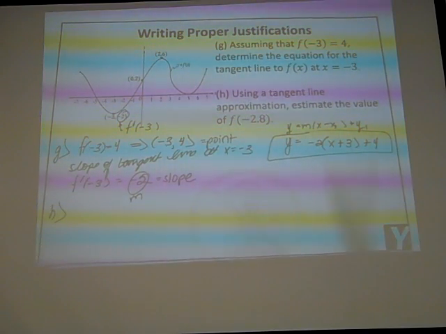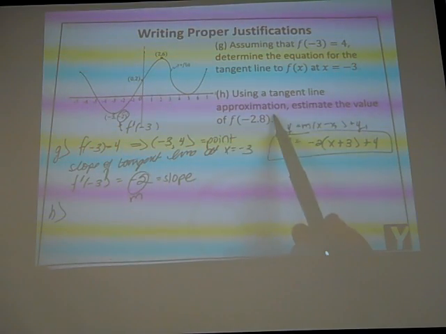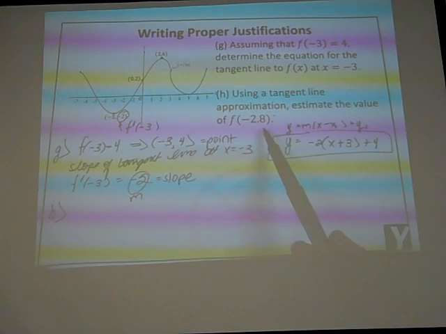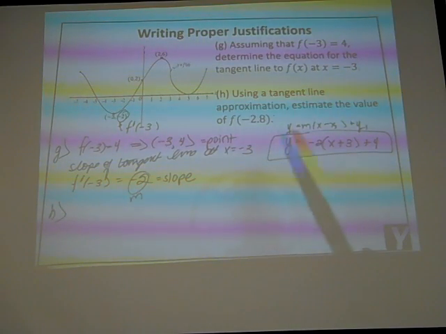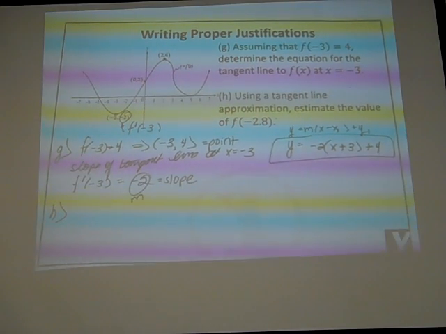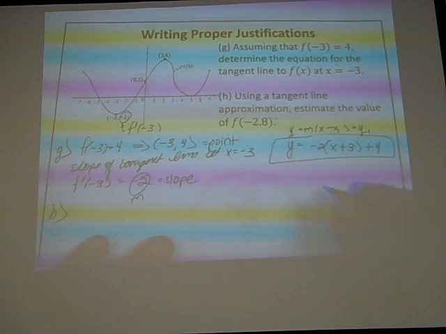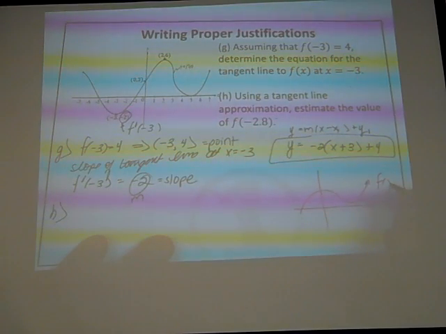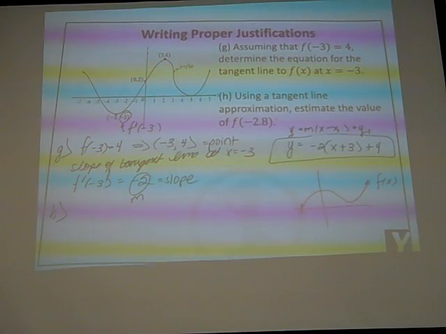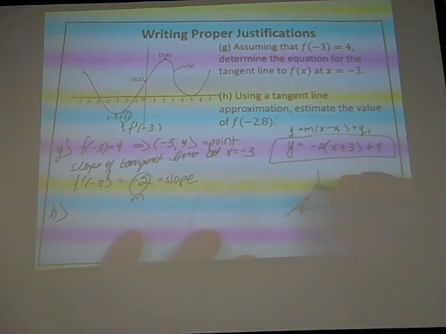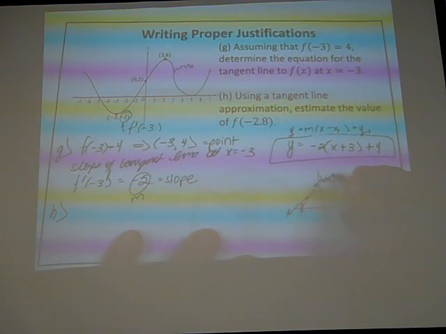In part H, using a tangent line approximation, estimate the value of f of negative 2.8. Well, what we've talked about before is that the tangent line for any function, whatever the function might look like, let's say the function does this, okay? If I find the tangent line, that's what the green is going to represent, that's my tangent line.